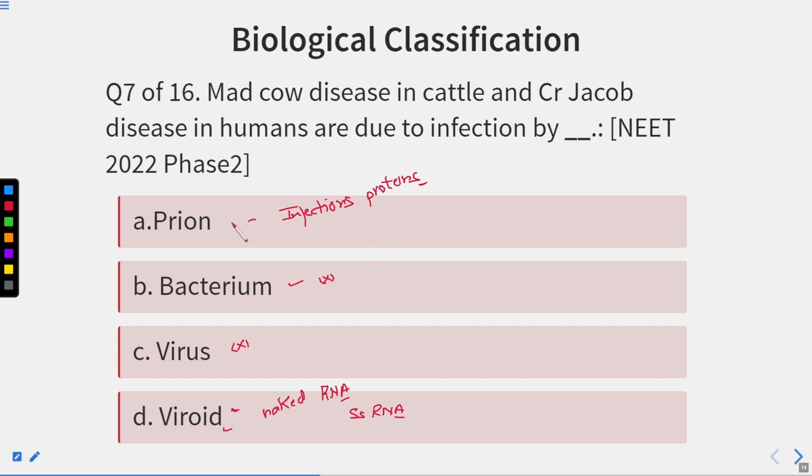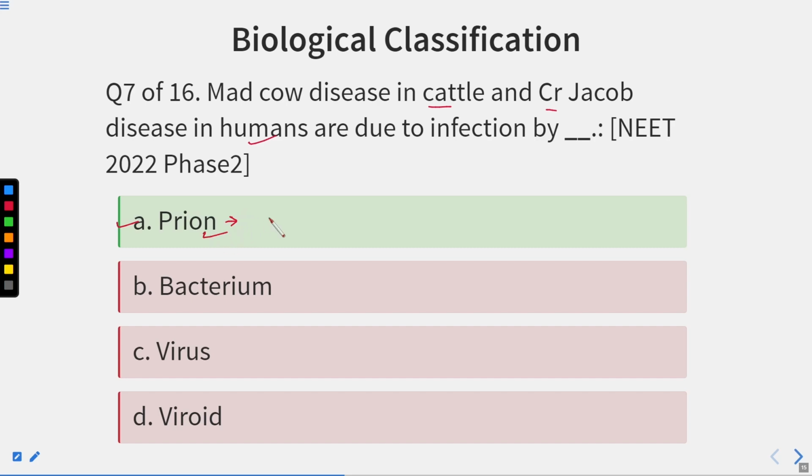So what should be the correct answer here? Prions. So prions are the causative agent for the mad cow disease and Creutzfeldt-Jakob disease in humans. So what does prion do? Prions cause the abnormal folding of the protein in the brain. So that's how they cause the encephalopathy or neurodegenerative disorder.